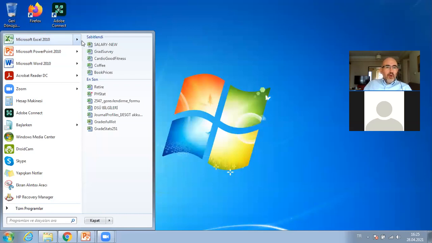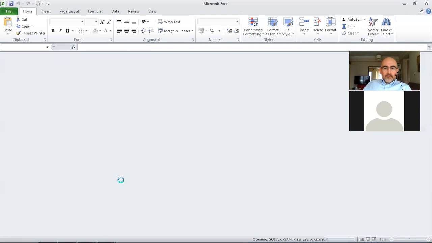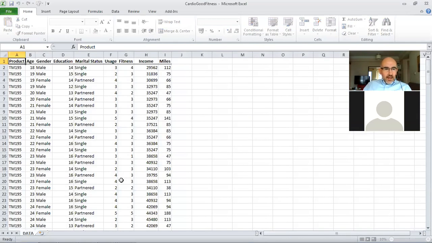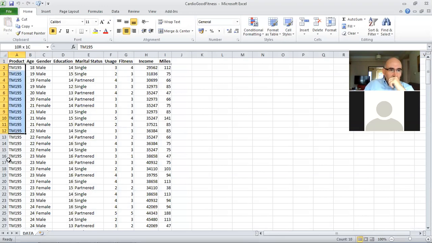The first file I'm going to use is the Cardio Good Fitness, which is a running case, and it has some information of the users of 3 different treadmills. The type of the treadmill is given here, and the ages, gender, education level, years of education, the amount of miles they run per week on these machines.